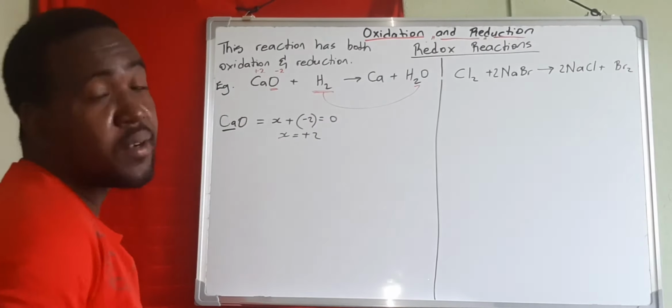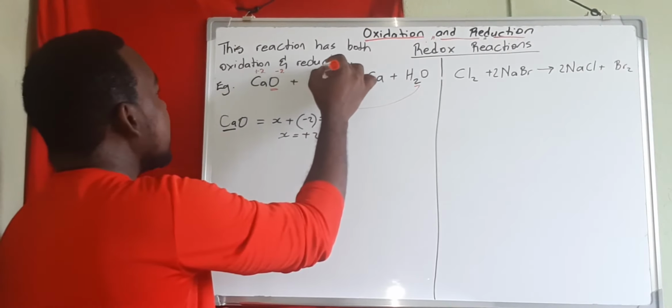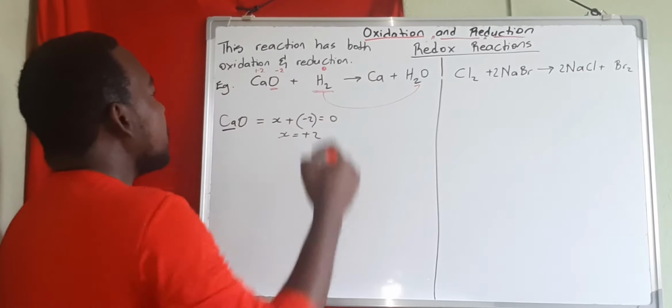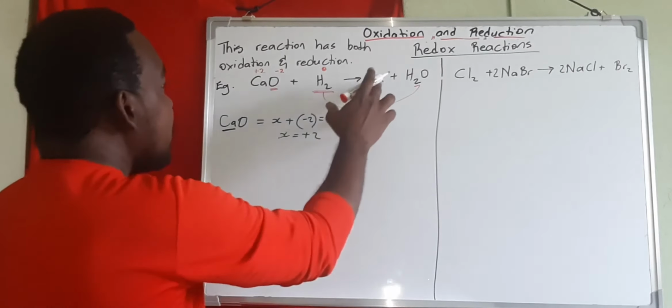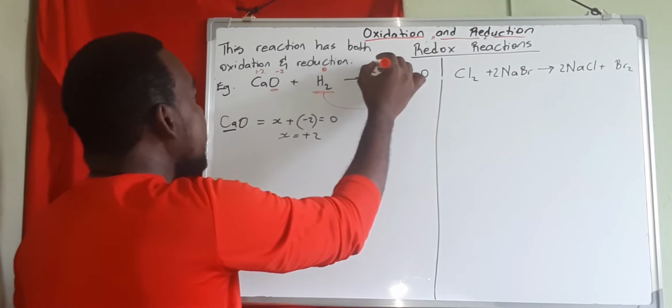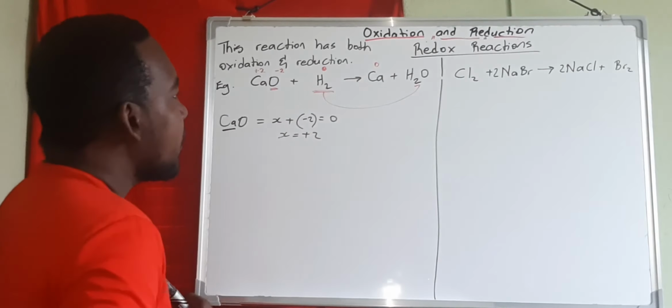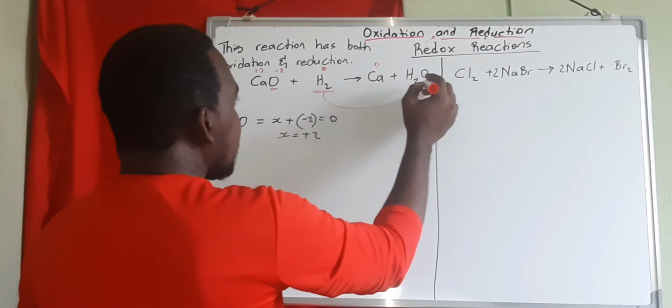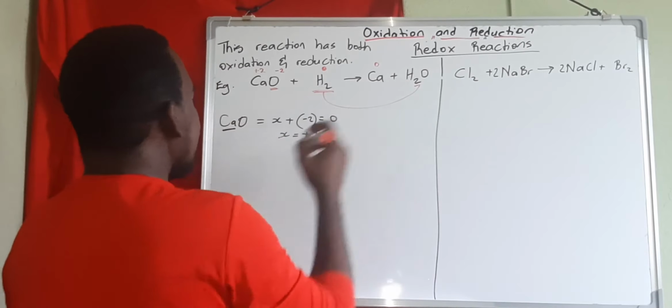And hydrogen, because it's a molecule, is 0, so we don't need to work that out. Then it moves to calcium metal. Calcium metal is not bonded to anything, so that's 0. And then the H here, because it's in water, we need to find it.